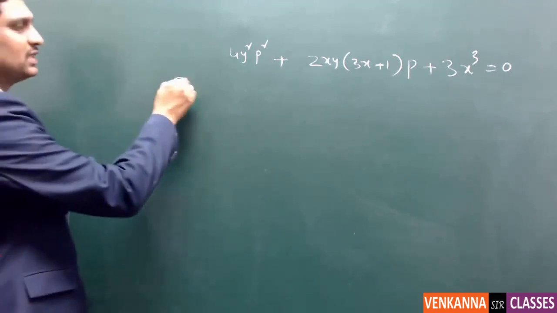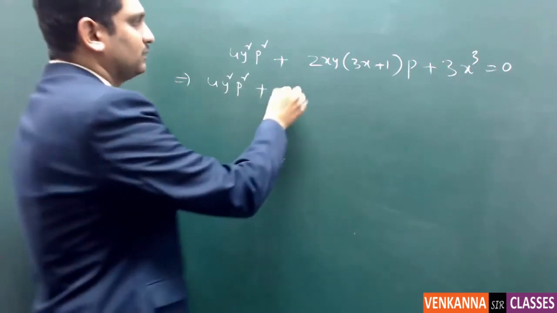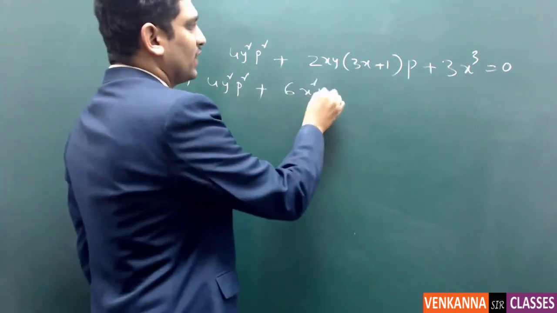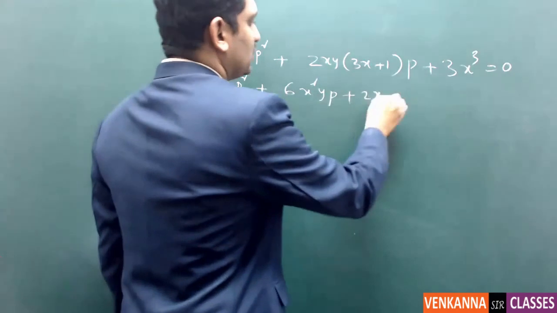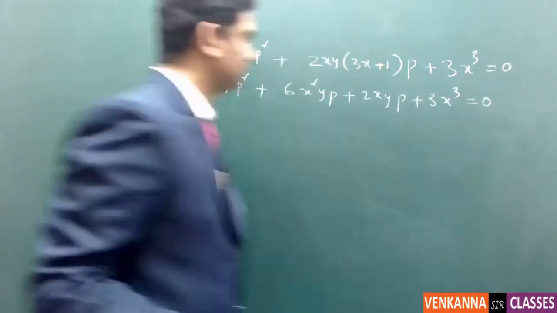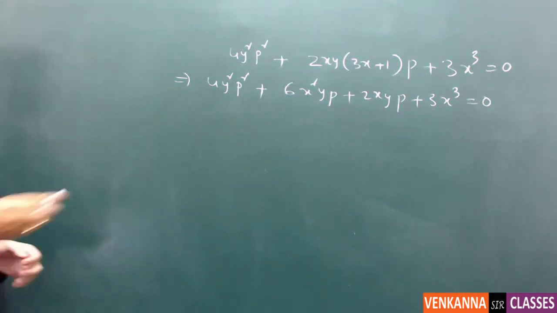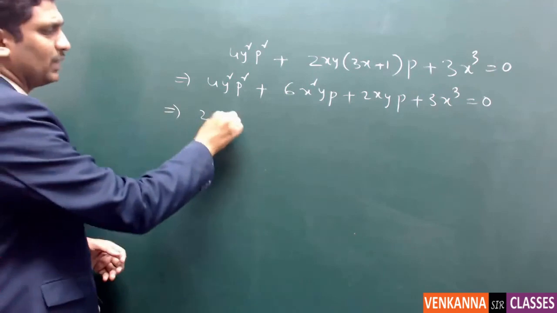So if you simplify this, 4y square p square plus 6x square yp plus 2xyp plus 3x cube equals to 0. So we are going to take the terms common. Take 2yp as common here.